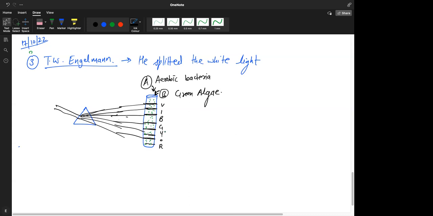Okay, and he observed where the bacteria accumulated. Let's use black color for the bacteria. The bacteria accumulated more majorly in two distinct compartments, which are blue and red.